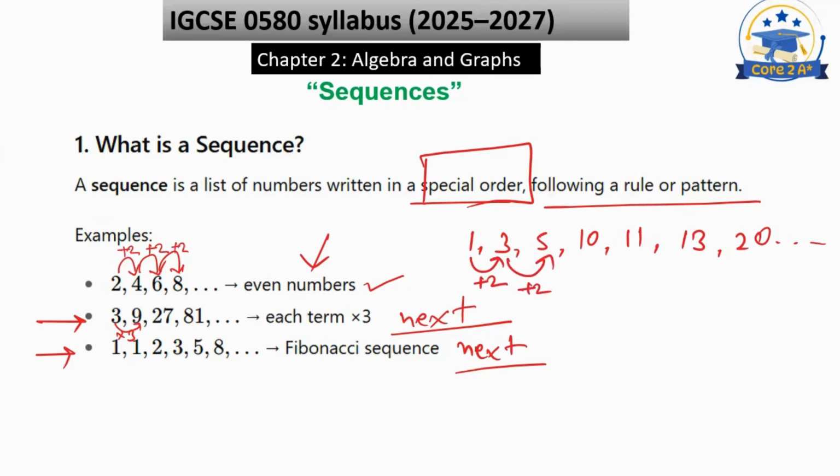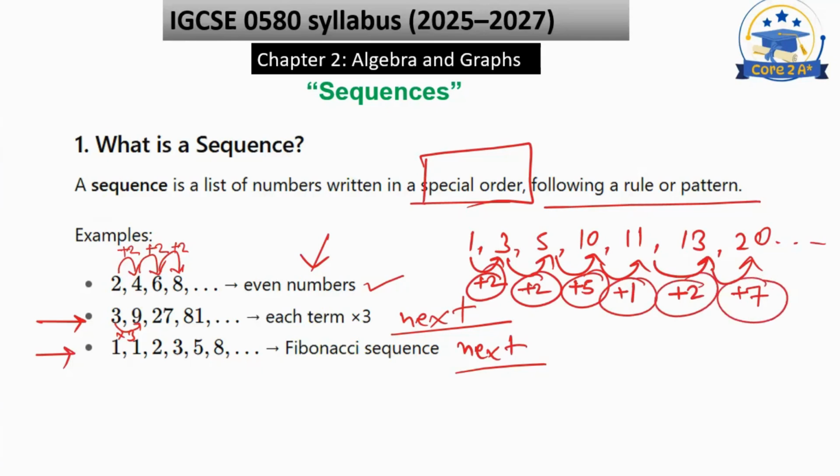Again plus 2, then we get the next. But after adding 2, we cannot get 10. We need to add 5. And again, we need to add 1. Again, we need to add 3, not 2, right? Again, we need to add 7. Is there any pattern you can see?